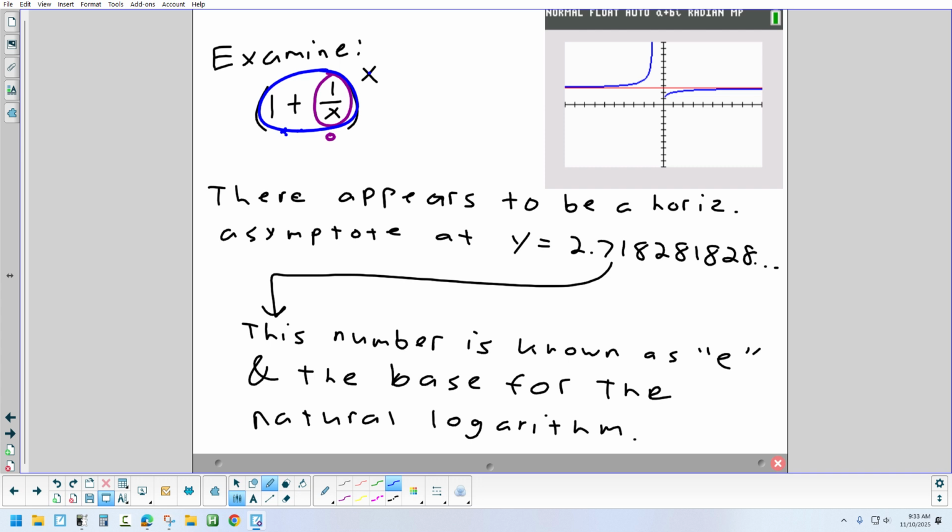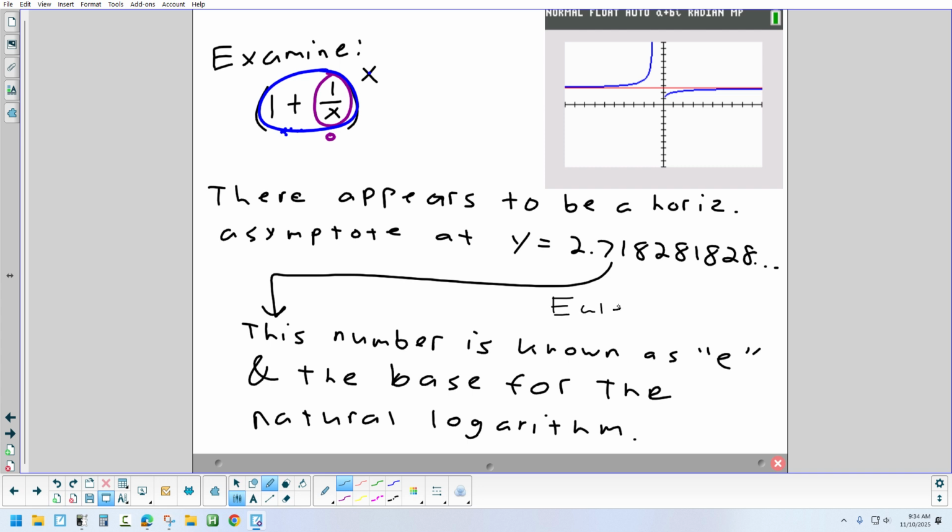And in calculus, you could prove why this has an asymptote at the number 2.71828, and it keeps repeating. That's not something we would prove in this class, more of just an interesting fact to notice. We just get this asymptote at this very special number. But that's all I'm going to say about E for today, but I will write it down.